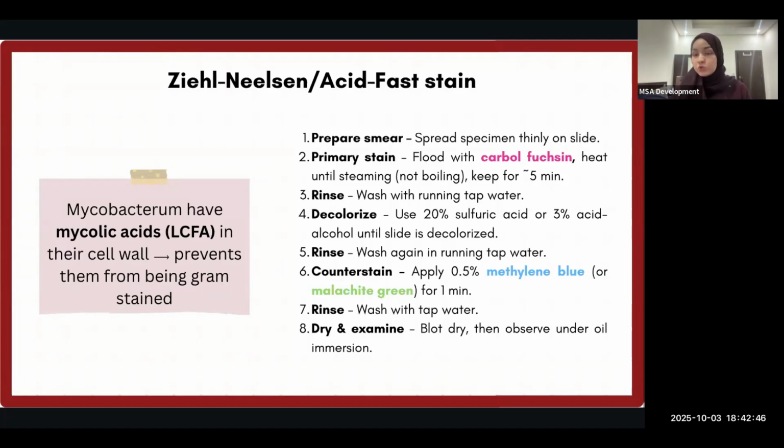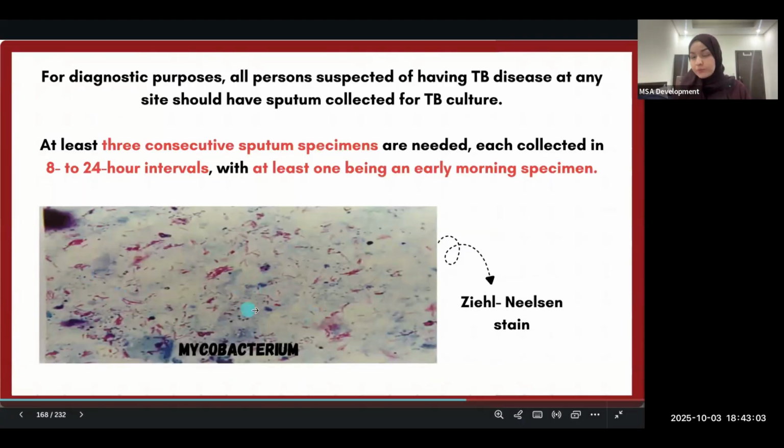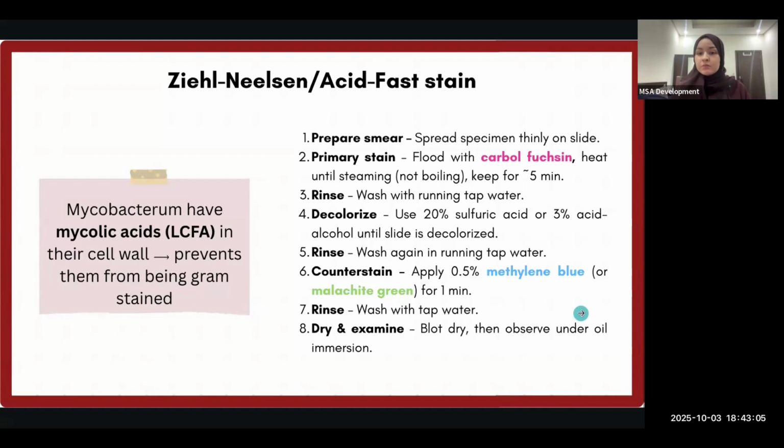So the main thing you should take away from this is that the primary stain is the carbol fuchsin stain. And then you counterstain it after rinsing, decolorizing, rinsing. You counterstain it with methylene blue or malachite green. This is the methylene blue. This is what gives it the color. Okay? And this is how it's performed.